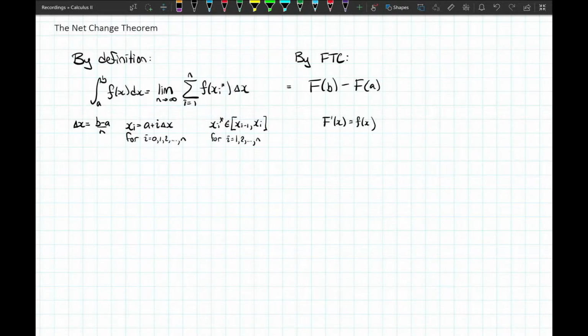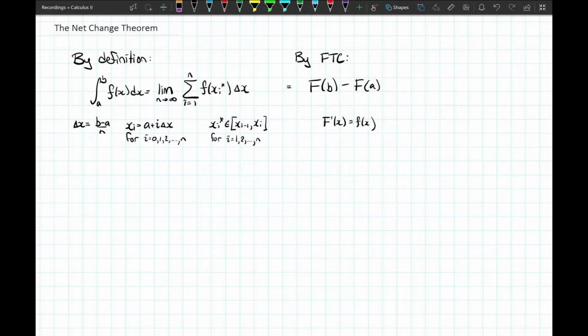The xi are the endpoints of each of those intervals. So from i equals 0, 1, 2 up to n, we can calculate those endpoints as a plus i times delta x. Xi star is just any sample point in each of those intervals. So for each of the n intervals, xi star is some number between the left endpoint xi minus 1 and the right endpoint xi.